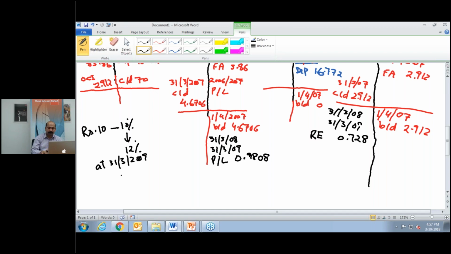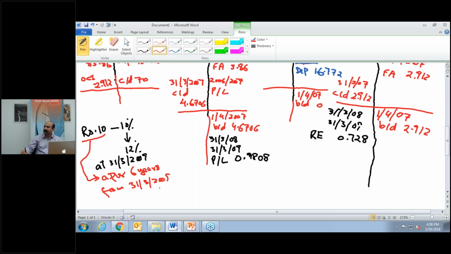And we bought this asset on 1st April 2005, so the remaining life of the asset is 6 years. This 10 million will be paid after 6 years from 31st March 2009.